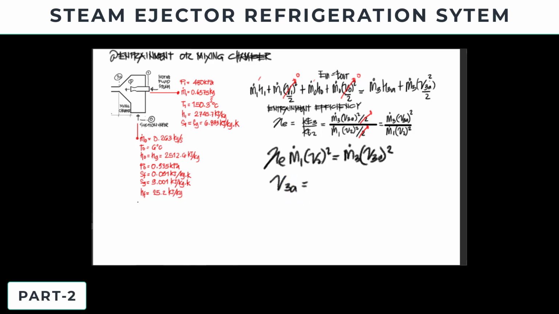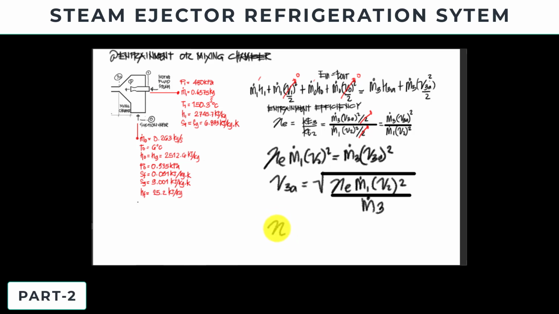So that will be equal to the efficiency, mass flow rate 1, velocity 2 squared, and this is all over my mass flow rate 3.